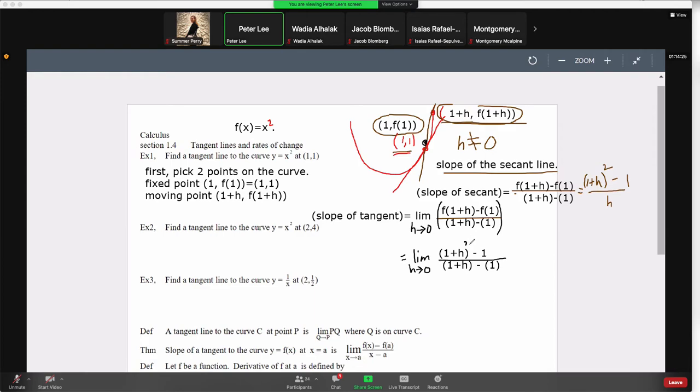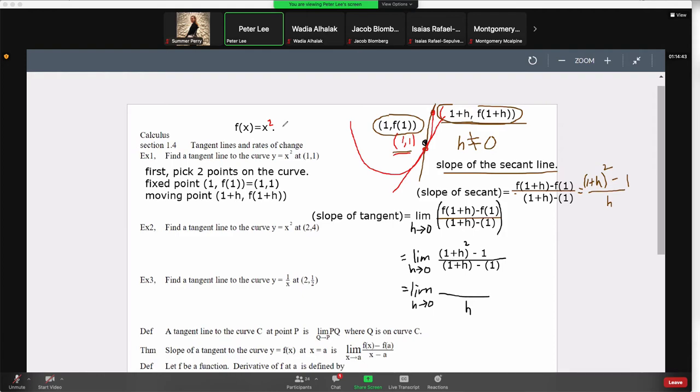And what is this going to be? This is now going to be the limit as h is approaching 0. What is this here? This is now going to be h in the denominator. And what is the numerator?